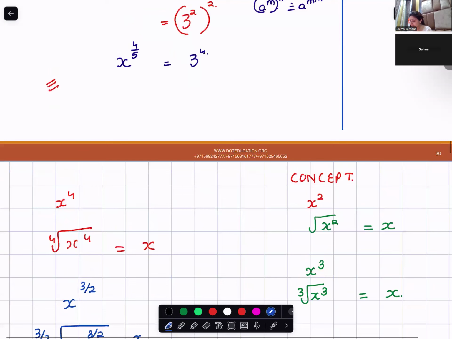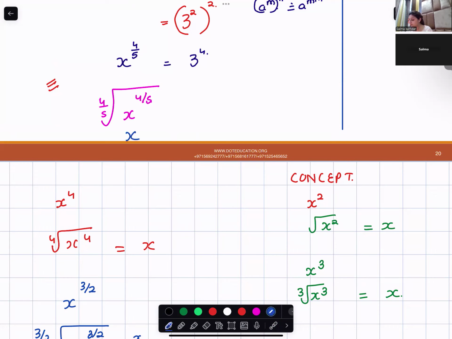So here I have 4 by 5th root x to the power 4 by 5. So I would say 4 by 5th root of x to the power 4 by 5 is going to give me x.